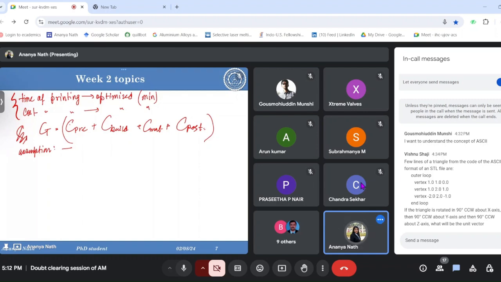To minimize the cost, the first thing should be orientation of the part in such a way that no support is required. If I make it like this, then no support is needed. But if you make it like this, then there are two problems. One is, we already know the cost related to support, meaning the time related to support.